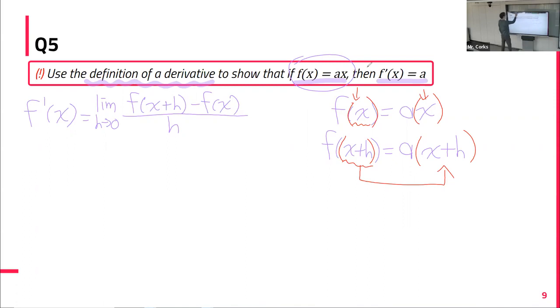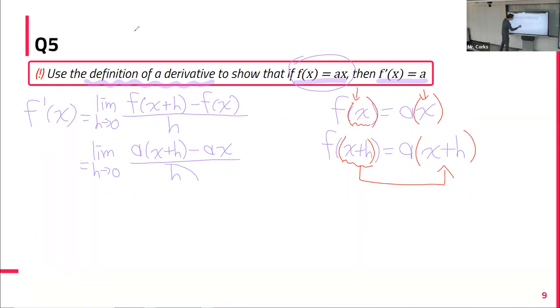If we bring that back over to our derivative, then our first line is the limit as h approaches 0 of f of x plus h, which is a times x plus h, minus ax, all over h. Before we simplify, what is the goal?